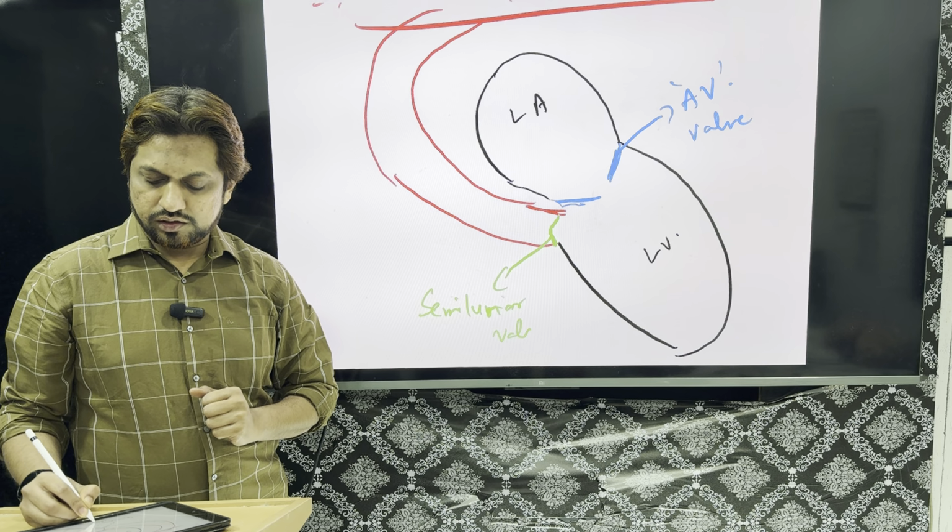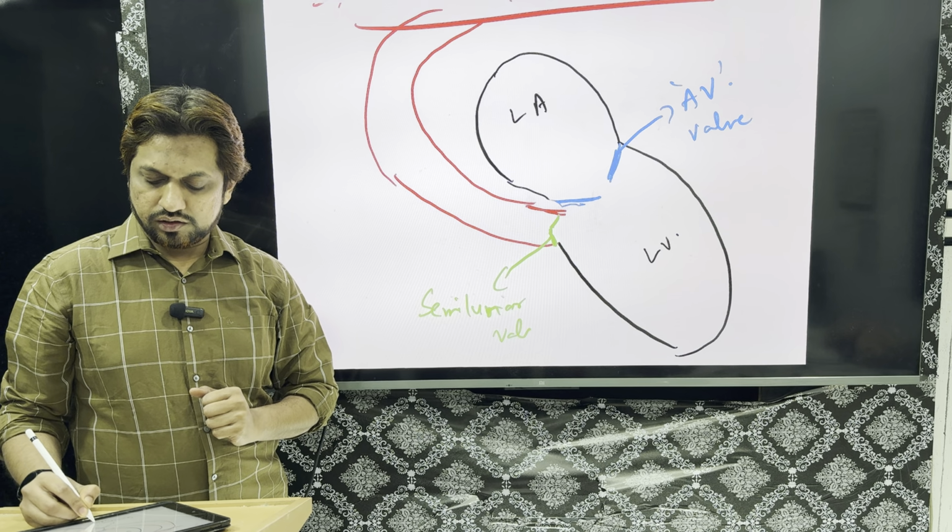So the pressure in the atria rises up to 6 to 7 millimeters in the left atrium, and in the right atrium it will be around 4 to 6 millimeters. So the first A wave in the JVP or the atrium is the reflection of this.